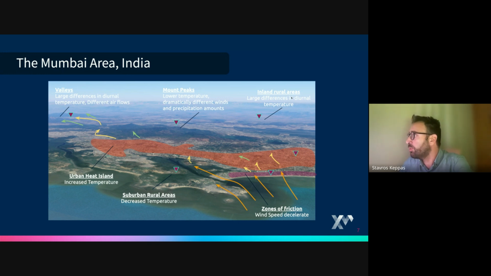And inland rural areas can have large differences in diurnal temperature, which means that the temperature is really high during the day, during a sunny day, and maybe really low during a cloudless night.